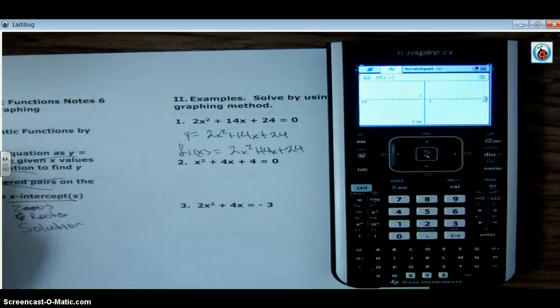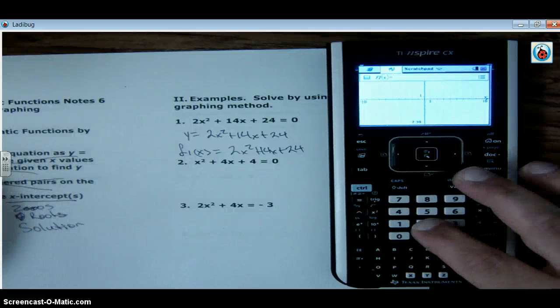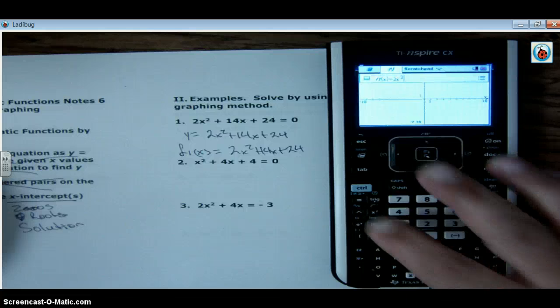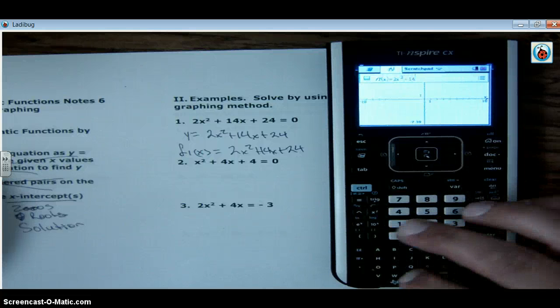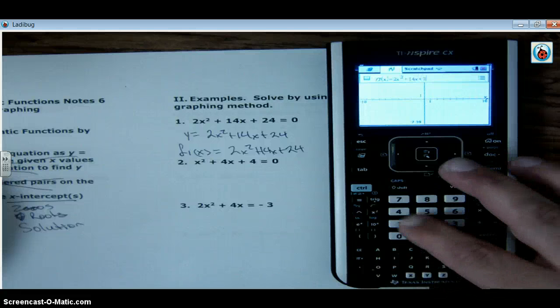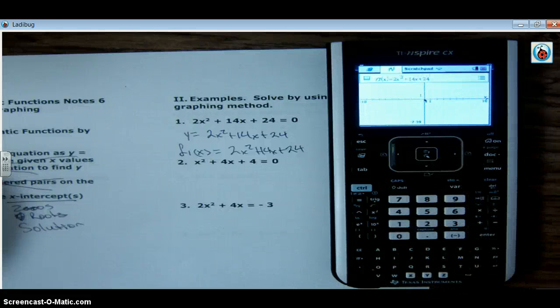There we go. That's a little bit less bright. All right, and in here we're going to put our 2x squared plus 14x plus 24. If you hit enter, it is going to give us a picture of our line.